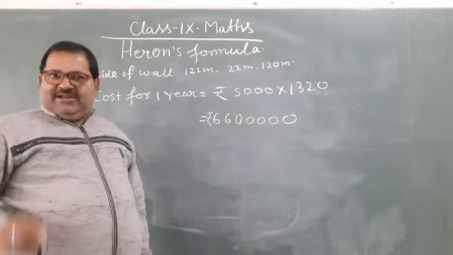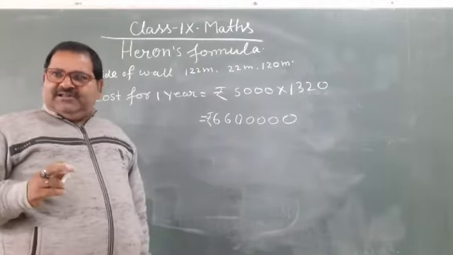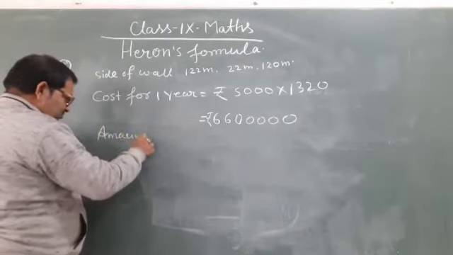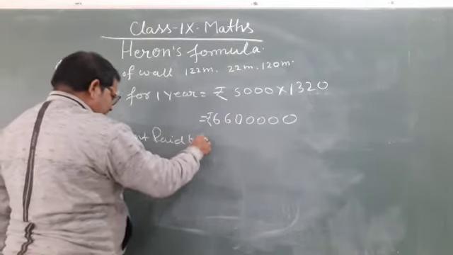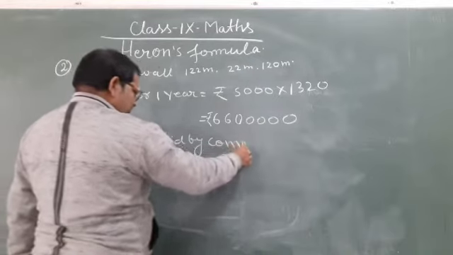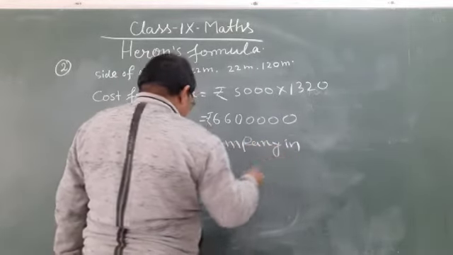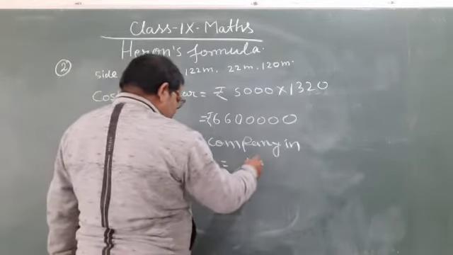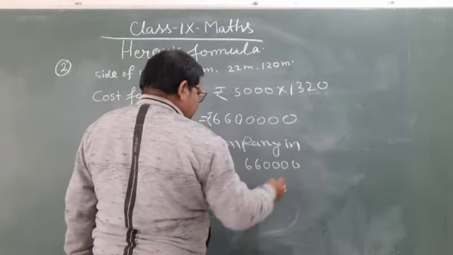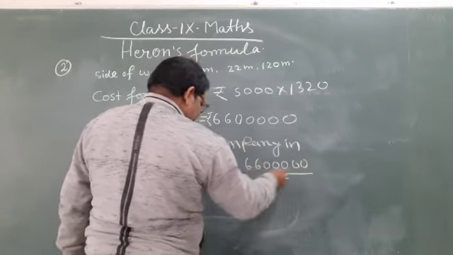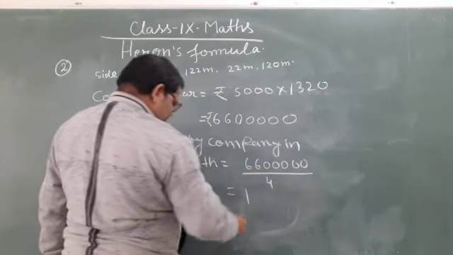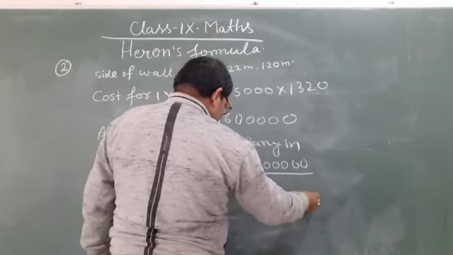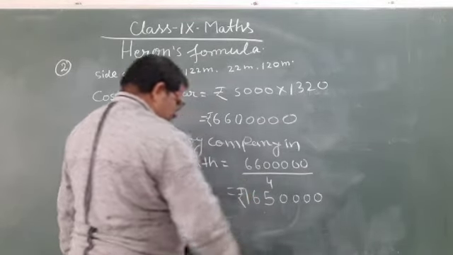Now the amount paid by the company in 3 months is equal to 660000 upon 4. Clear?